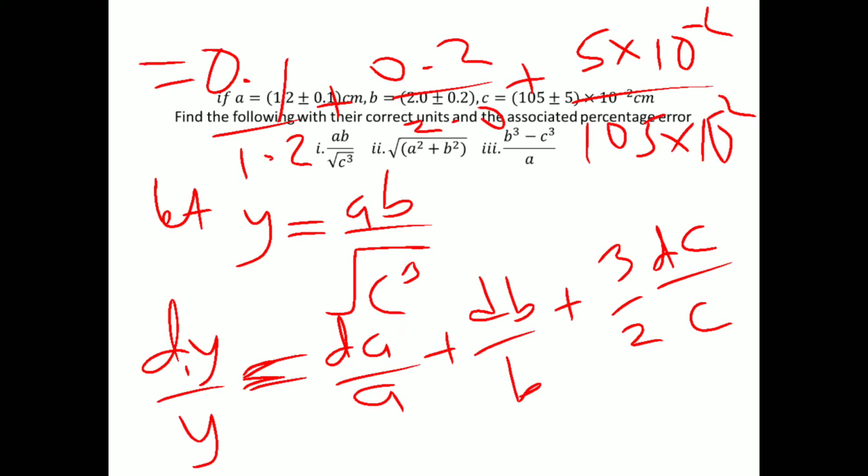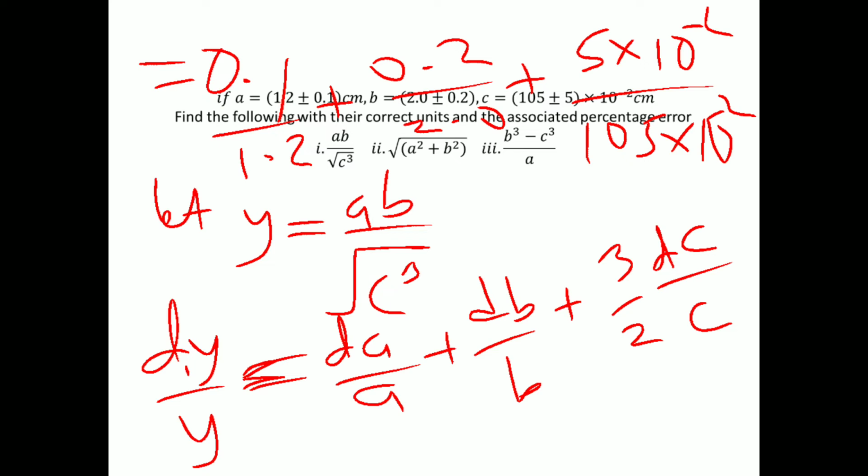Okay, so if we use our calculator, 0.1 over 1.2 plus 0.2 divided by 2.0, then plus 5 times 10 to the power minus 2 divided by 105.